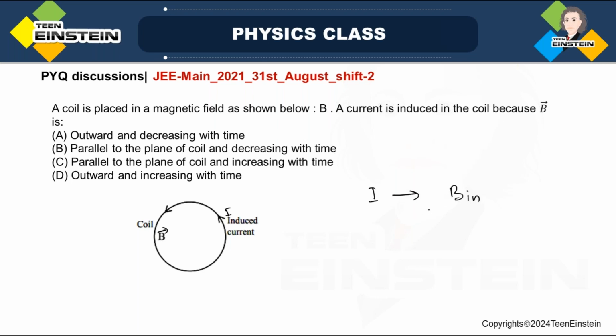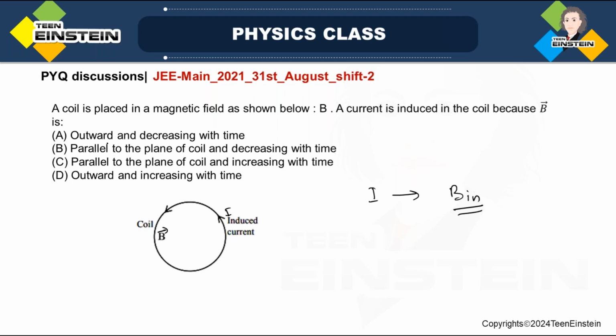That induced magnetic field will oppose the change in the flux. So in this case, we have to see which of these four options matches the direction of the induced current.